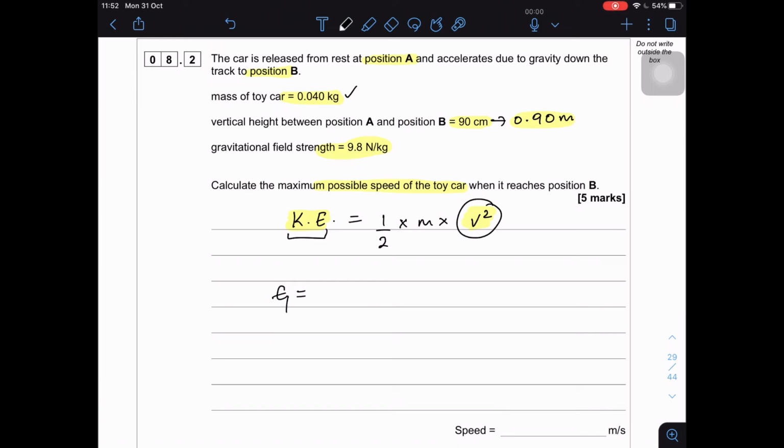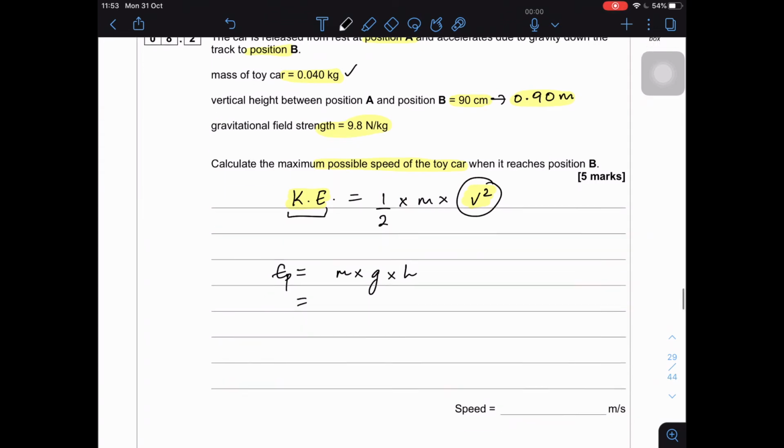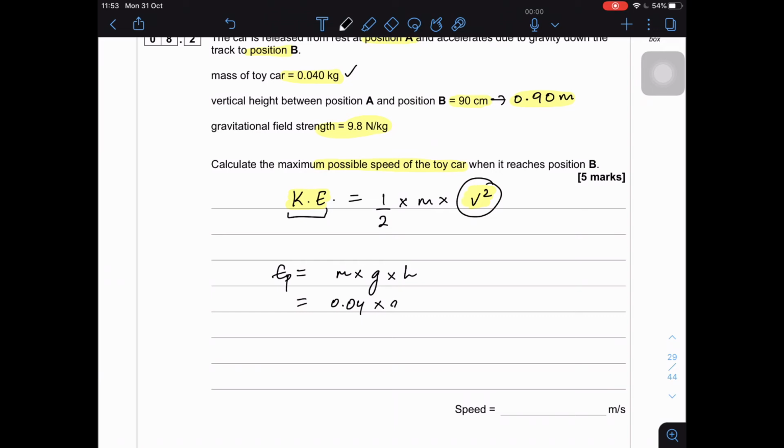The potential energy, or EP, is mass times gravity times height. So the mass is 0.04 times gravity 9.8 times height 0.90 meters.